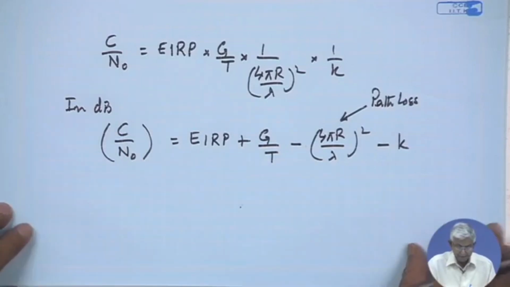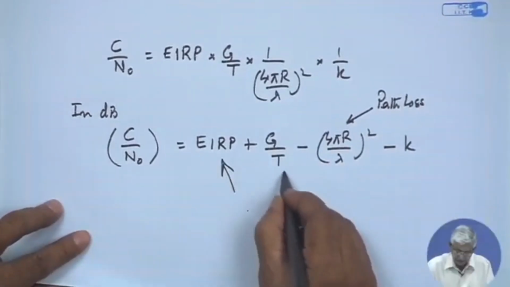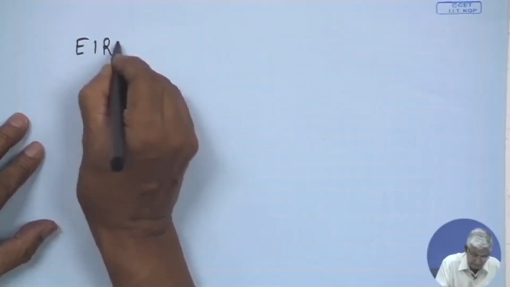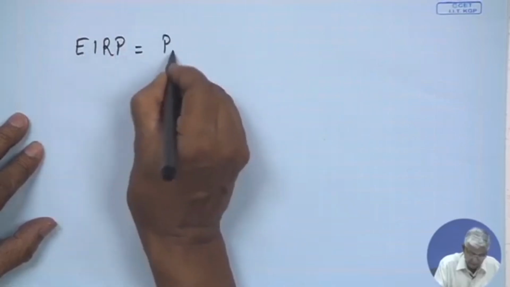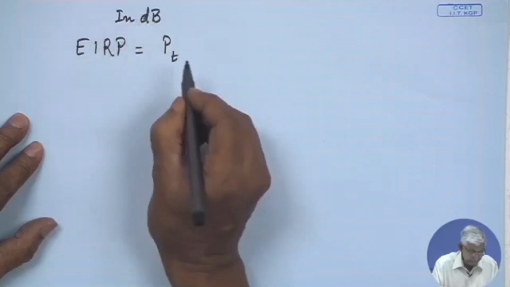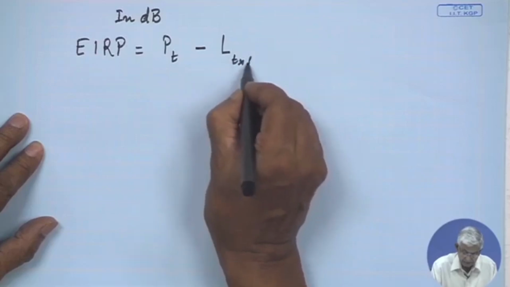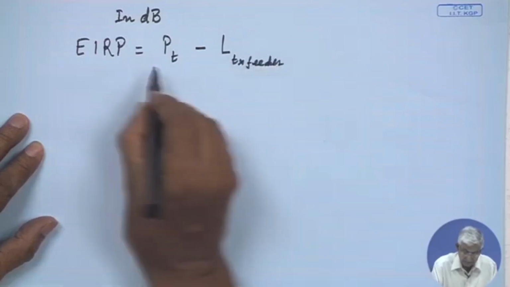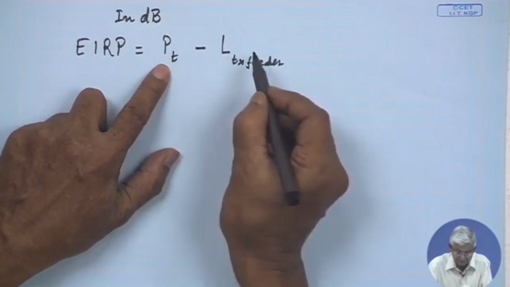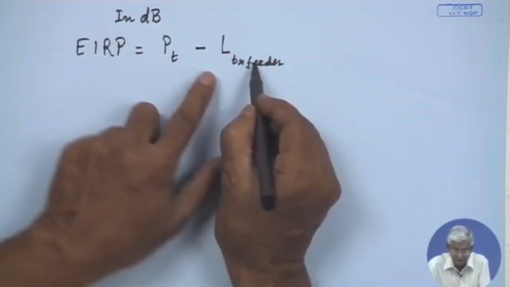Now, let us see the importance of EIRP and G by T. What is their content? In EIRP, we contain the PT, I write in dB, PT minus the loss at the transmit feeder, that is the actual power which is appearing at the antenna point. PT is the power amplifier output, and there is a feeder loss.